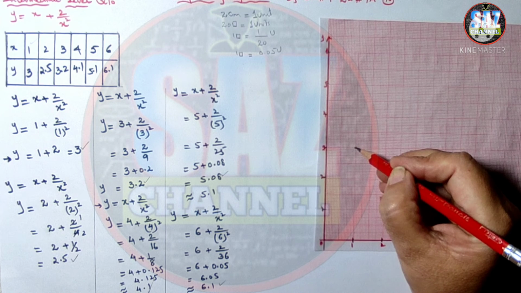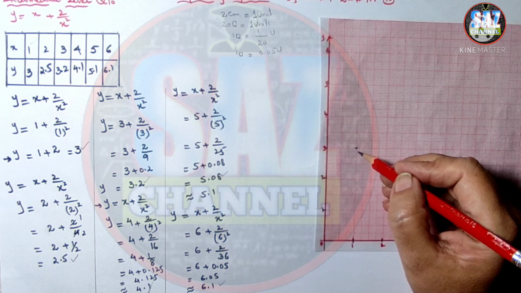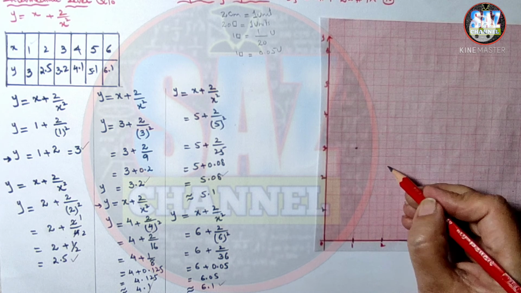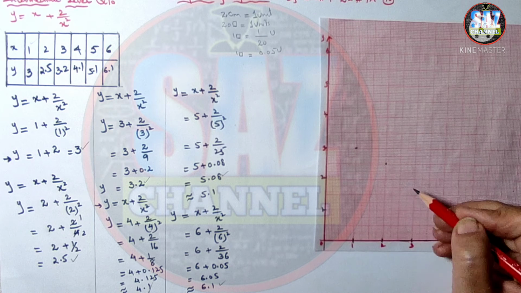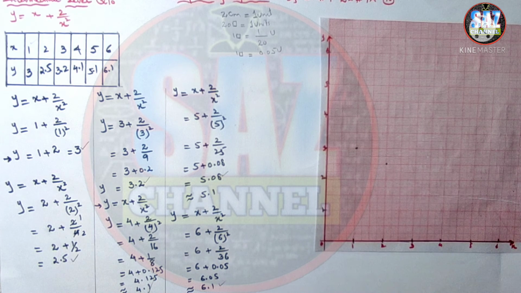And the second point is that we have to go to 2 and then 2.5. So this is the position for 2, and right in between 2 and 3, this is the position for 2.5. And then 3 and 3.2. So for this point, how many small blocks?